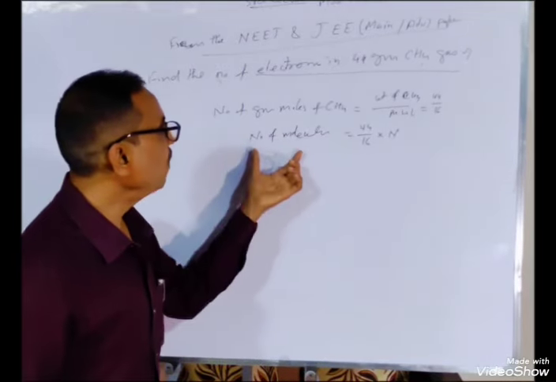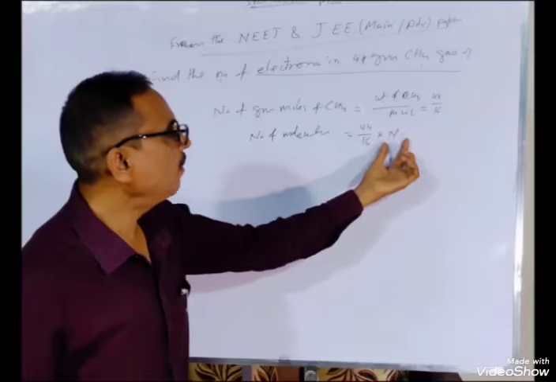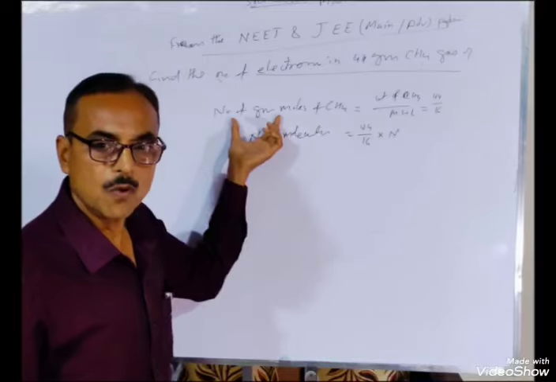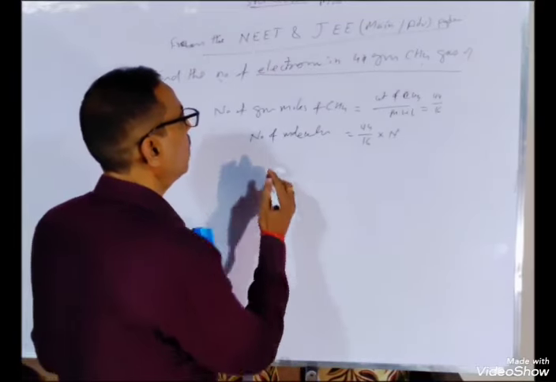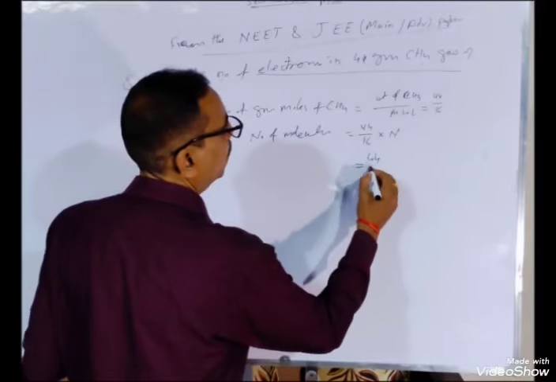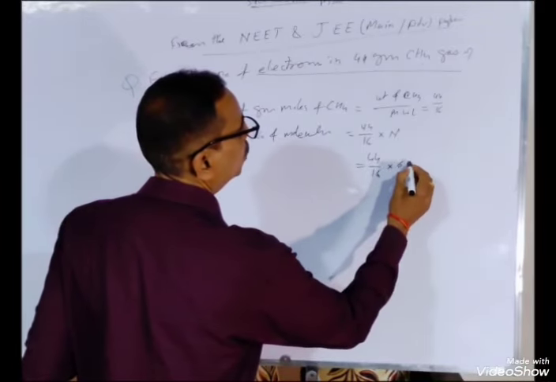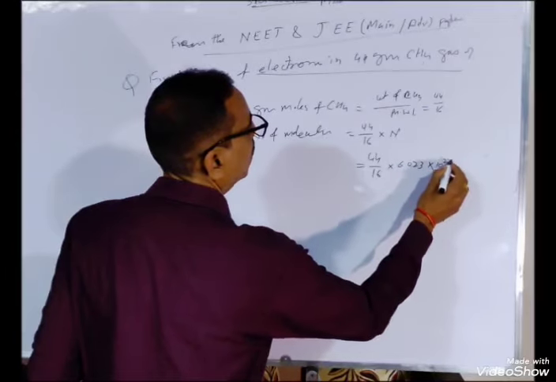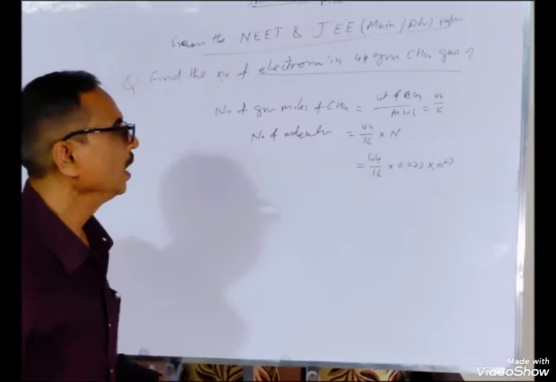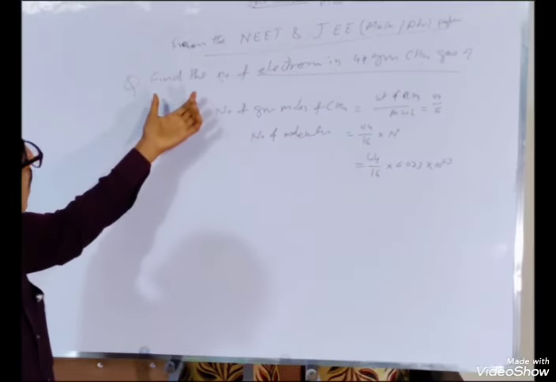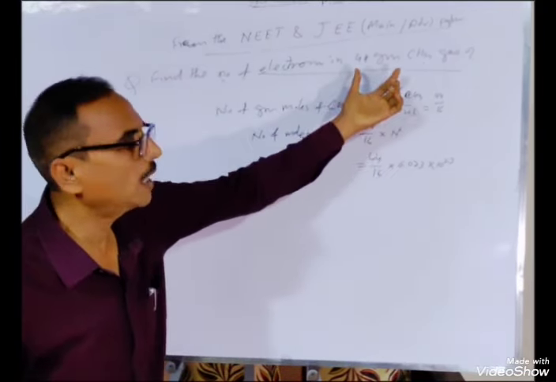So the number of molecules is 44 by 16 into 6.023 into 10 to the power 23.